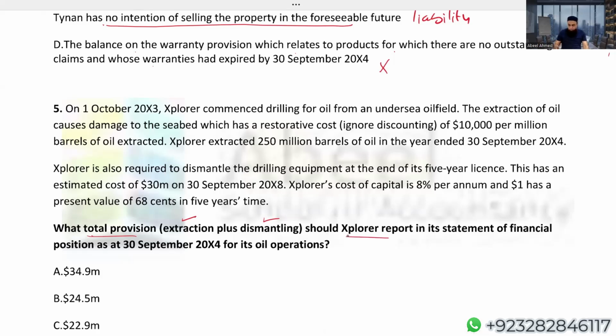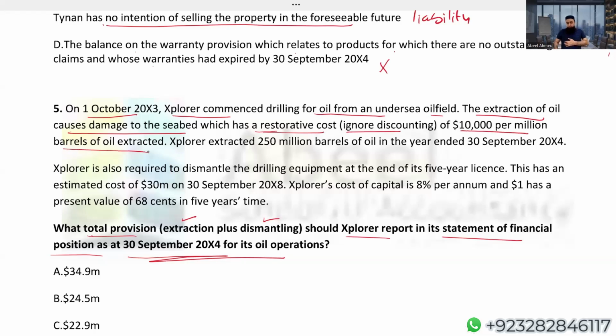Should the explorer report in its statement of financial position, SOFP, on this date? Let's see. On 1 October X3, the explorer commences drilling for oil from an undersea oil field. The extraction of oil causes damage to the seabed, which has a restoration cost, ignoring discounting, of $10,000 per million barrels of oil extracted.